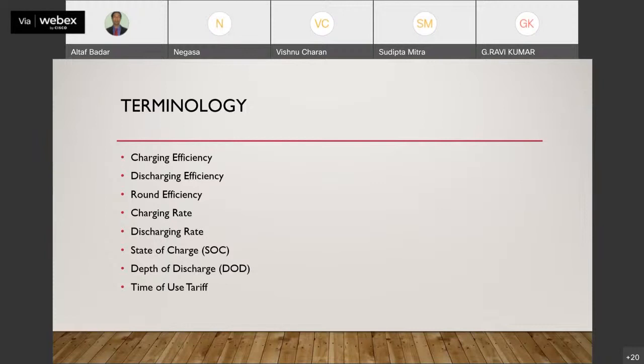Charging efficiency of a battery. Okay. So usually what happens is that whenever we go for charging of a battery, we may supply maybe 10 kilowatt, but the increase in charge of the battery is not 10 kilowatt. There are some losses that will always happen.